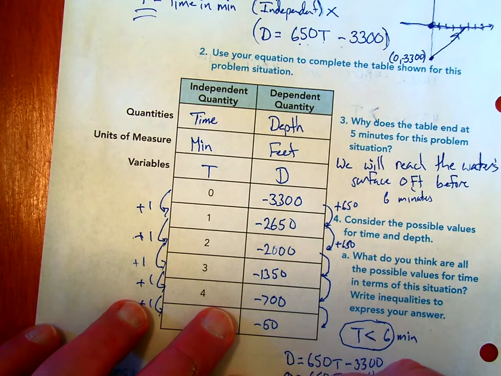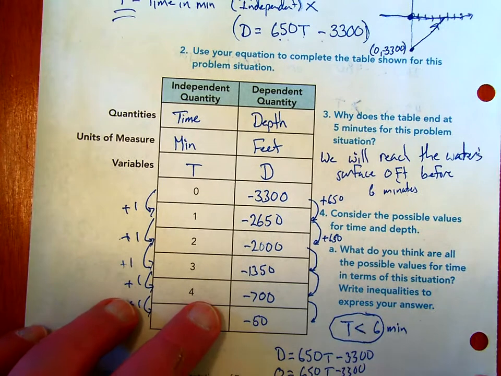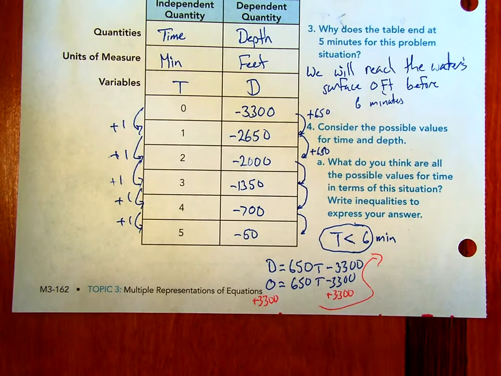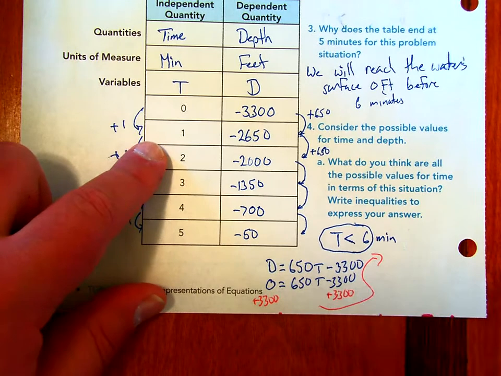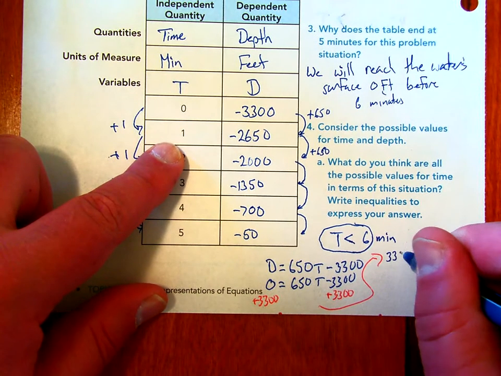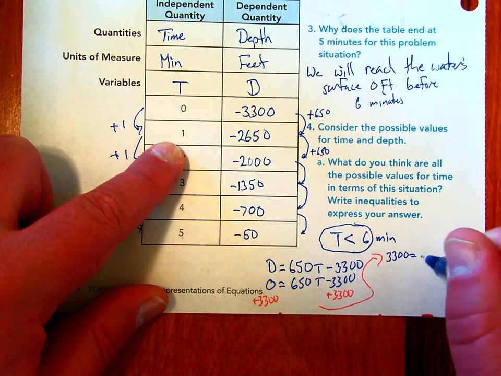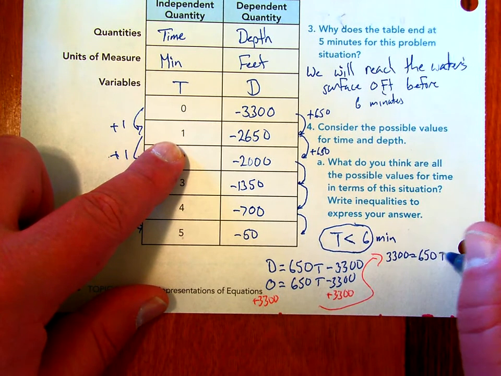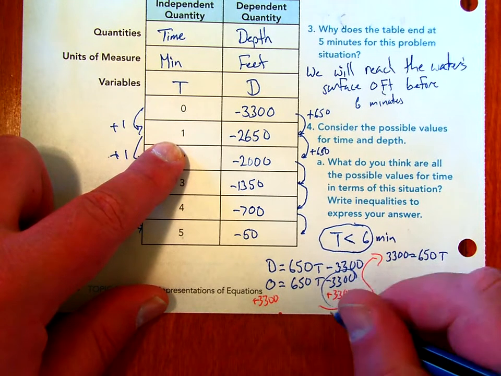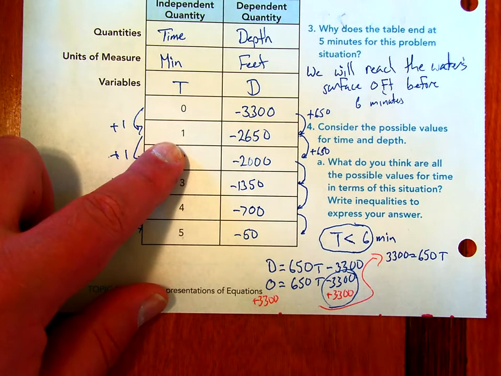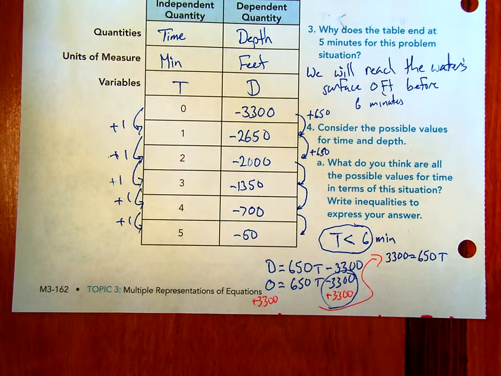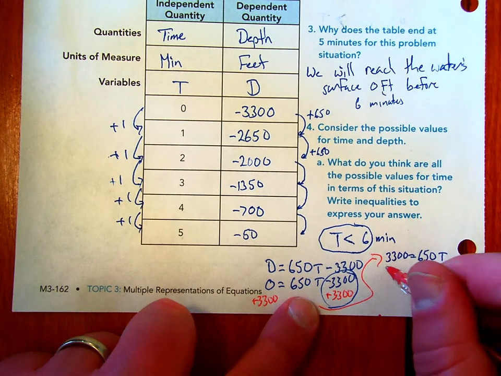I'm going to rewrite it up here. 0 plus 3,300 is 3,300 equals 650t. Over here, these guys just canceled out. They created a 0 pair. So 3,300 equals 650t. I'm going to divide both sides by 650.